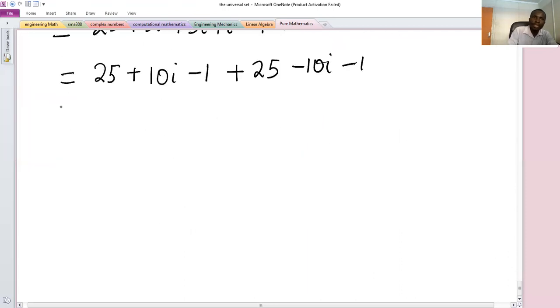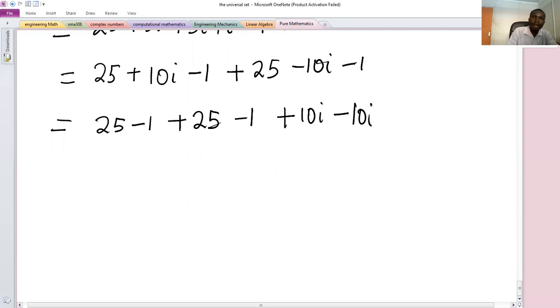Then collect real parts. So we'll have 25 minus 1 plus 25 minus 1, plus 10i minus 10i. So this is the same as writing 25 plus 25 minus 1 minus 1.